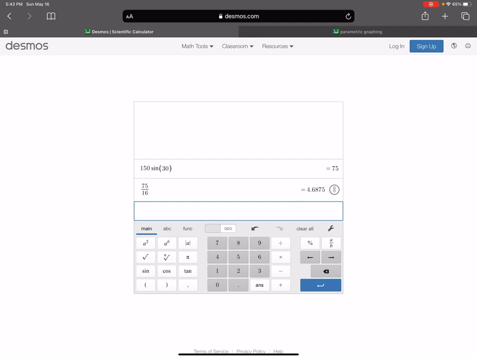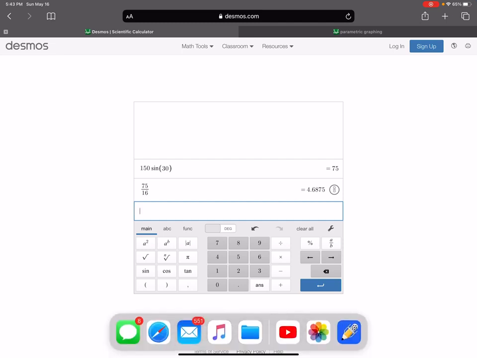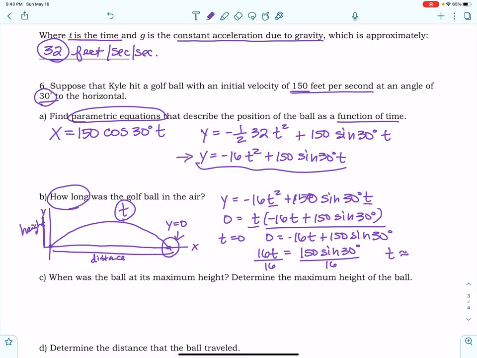So I've got 150 times the sine of 30, which is 75, and I'm dividing that by 16, which gives me approximately 4.6875. So I'm going to go back over here. So the ball is in the air for approximately 4.6875 seconds. So that is the answer to part B.